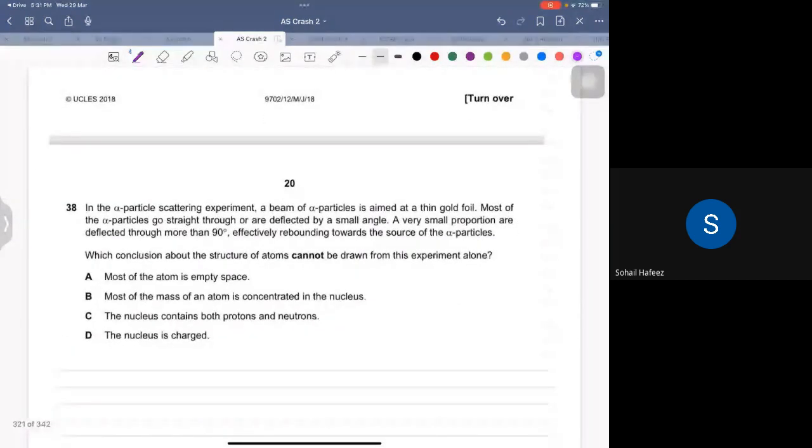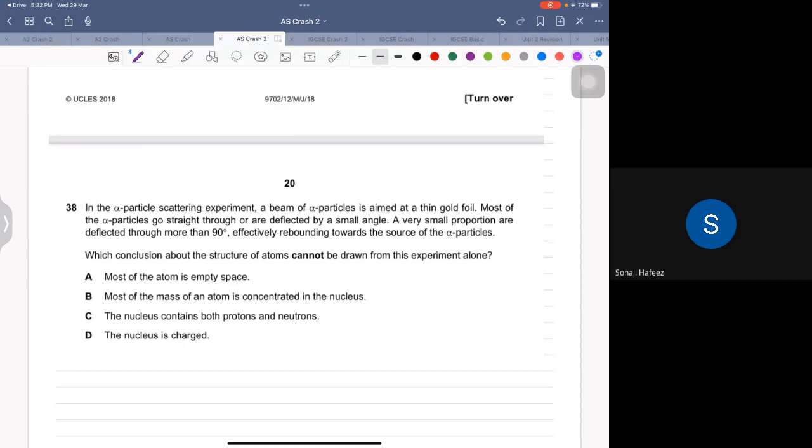This is again the same thing. It says, in the alpha scattering experiment, a beam of alpha particles is aimed at a thin foil. Most of the alpha particles go straight or are deflected by small angles. A very small proportion are deflected through more than 90 degrees, effectively rebounding towards the source of alpha particles. What conclusion about structure cannot be drawn? Which conclusion did I never write about in the 3 points that I gave you?